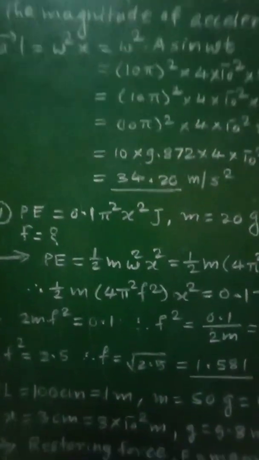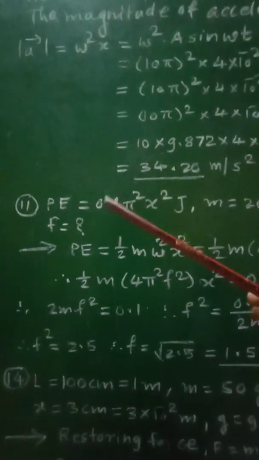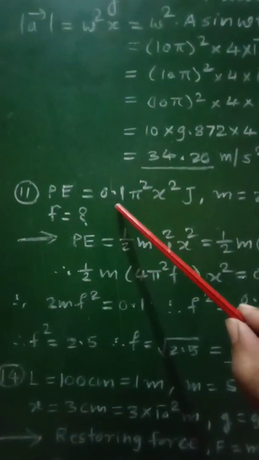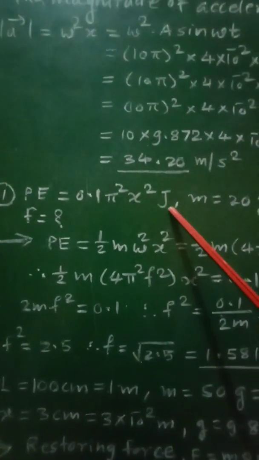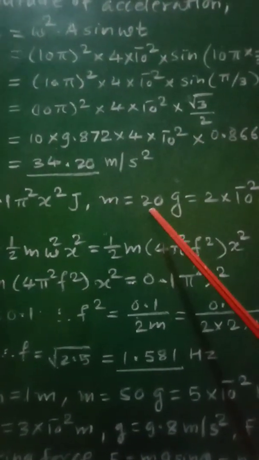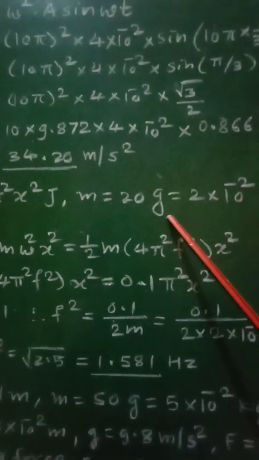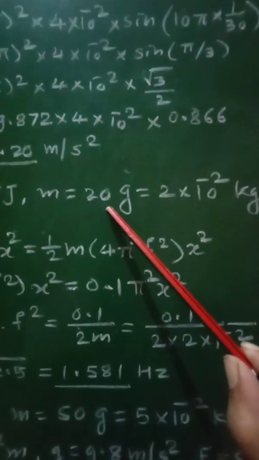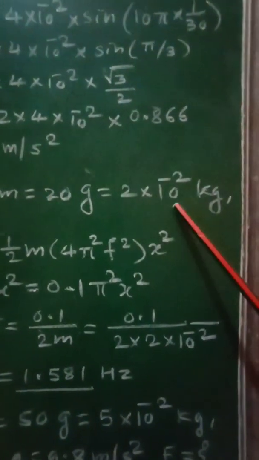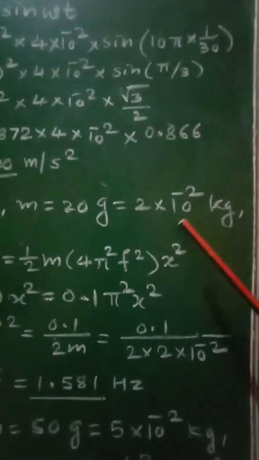In this numerical, the given data is potential energy 0.1 pi square x square joule. Then mass m is equal to 20 gram, that is 20 into 10 raised to minus 3, that is 2 into 10 raised to minus 2 kilogram.